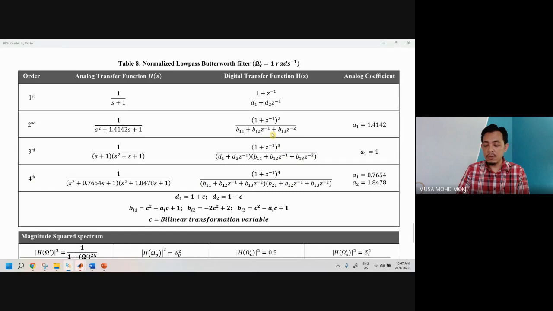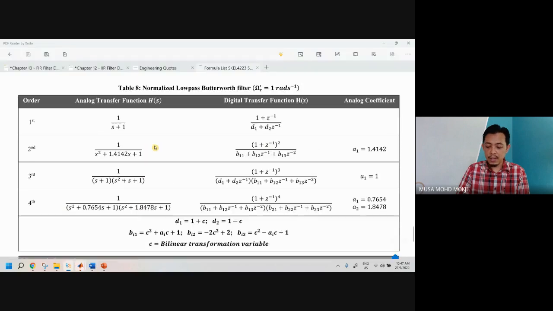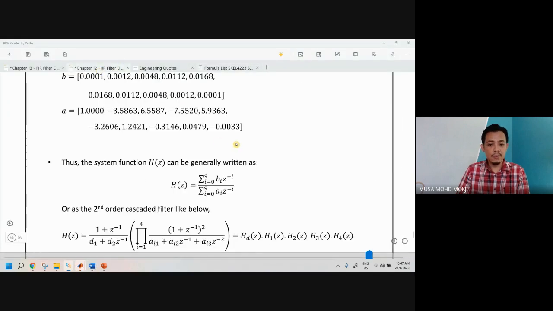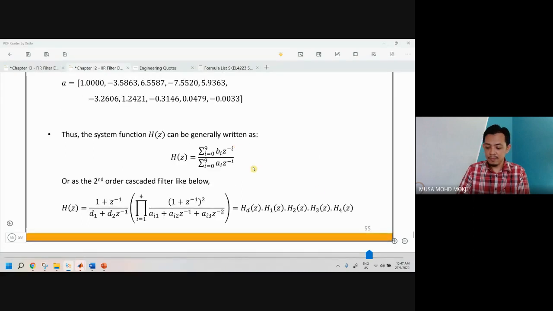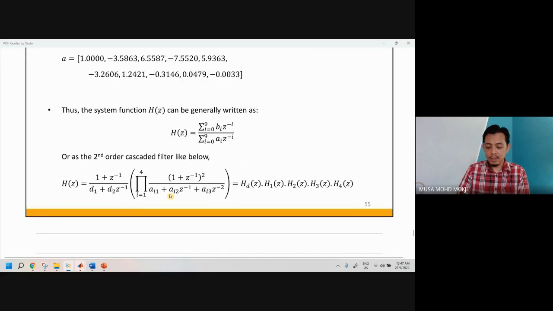In our example here, because this is a ninth order, you should have four of these second order forms.